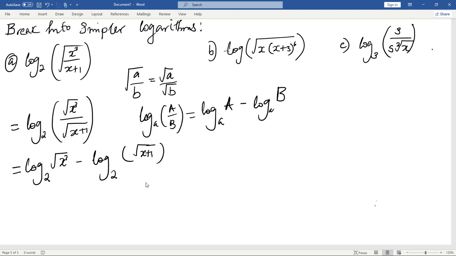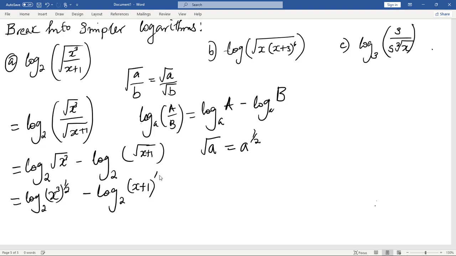Okay, so then we know that the square root of a number a is the same as a to the power half. So we're going to change the roots that we have here in terms of a power, which means you are going to have log to the base 2 of x to the power 3, to the power half, minus log to the base 2 of x plus 1, to the power half. Then another property for indices is that if you have a to the power n to the power m, we use the power of a power rule.